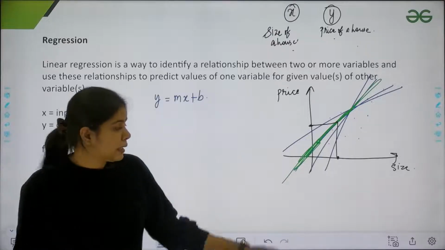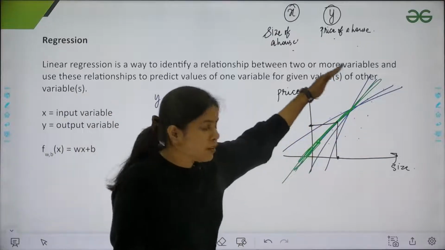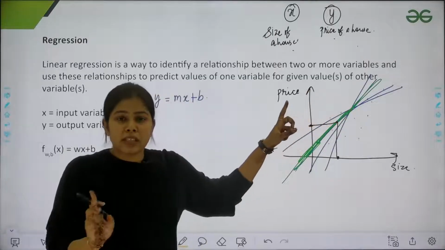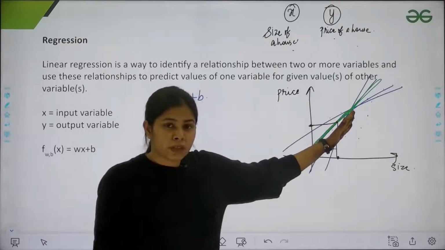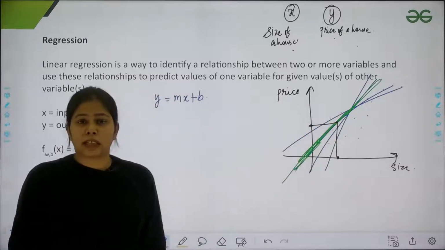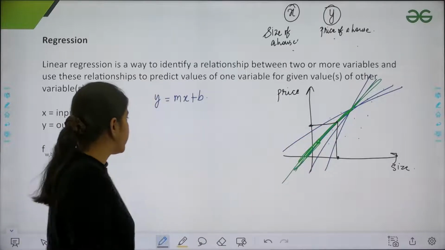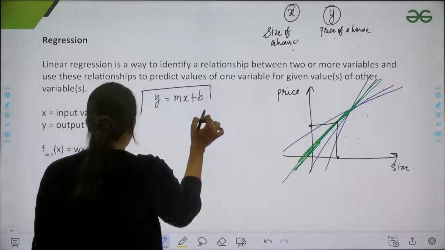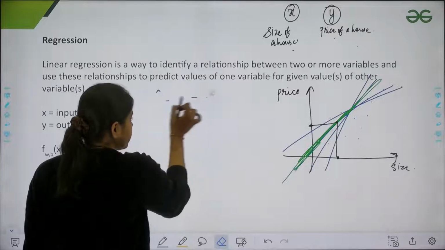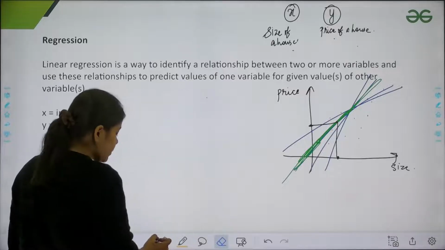So now you can see that for any size I can find out a result if I get a best fit line. Best fit line means that this line fits my data properly. That is my best fit line. So for that my equation would be y is equals to mx plus b. Because this is a prediction, x is my input variable, y is my output variable.